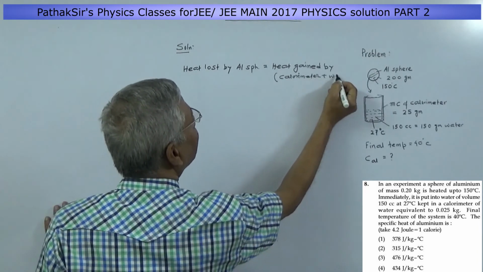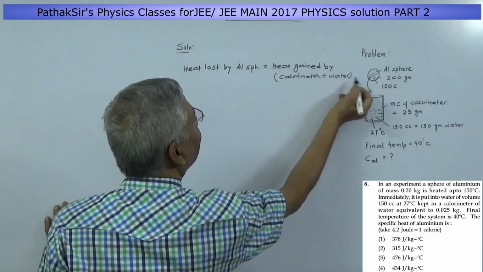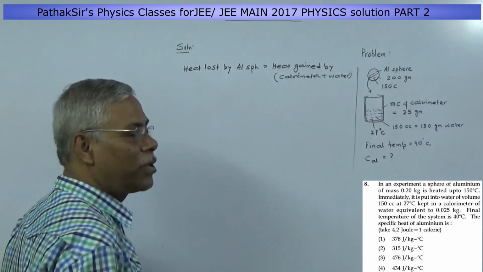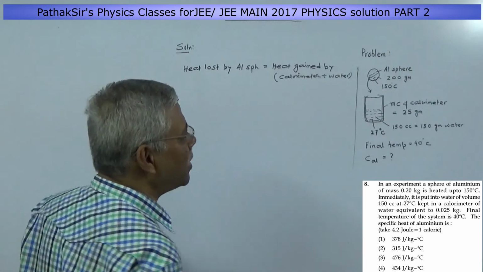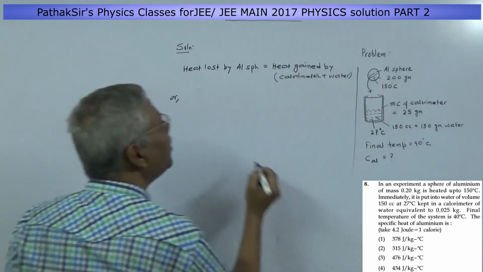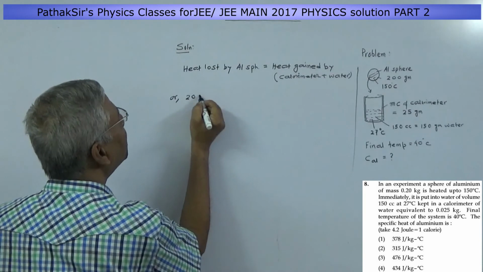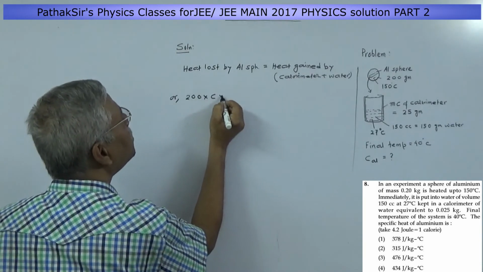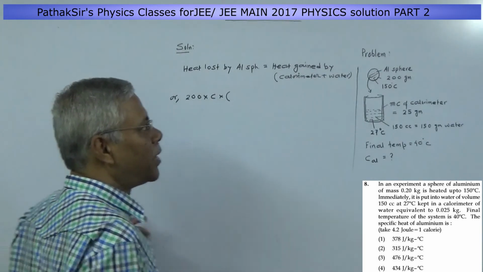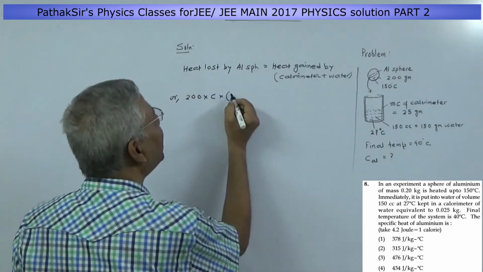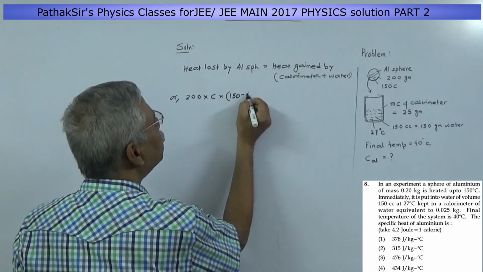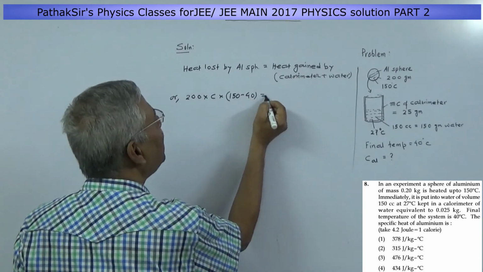Mass of the aluminium sphere is 200, so 200 into C, change in temperature 150 degrees centigrade to 40 degrees centigrade, so 150 minus 40.